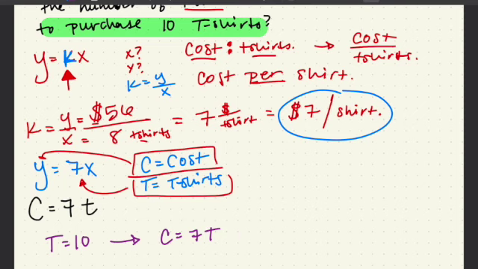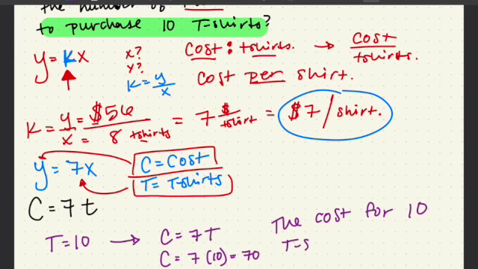And when I do that, the cost is equal to 7 times 10. And I know that 7 times 10 is 70. So the cost for 10 t-shirts, I can't spell t-shirts, is $70.